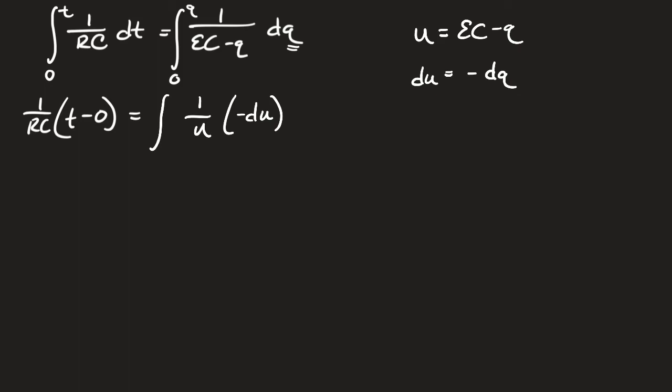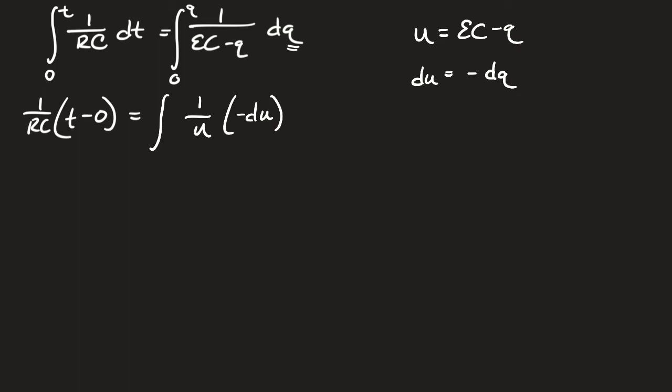Mr. Bright, Mr. Bashir, they're going to be all mad about that because they want you to put in the actual limits that now match up with u. But I play fast and loose with the rules here because physics doesn't care about calculus. They just want to use calculus to get their job done.